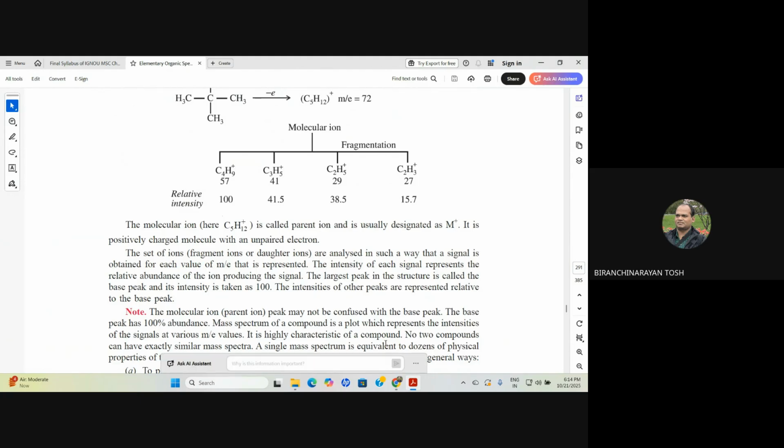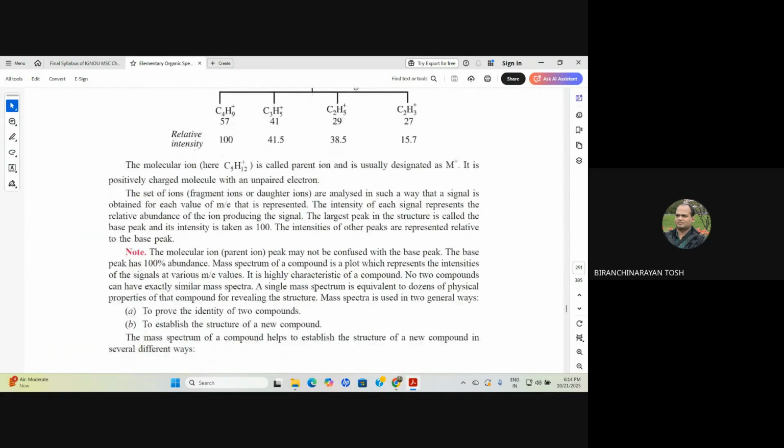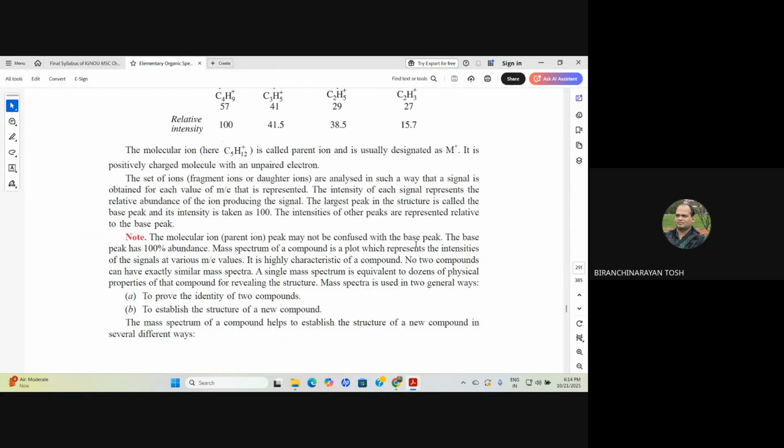A single mass spectrum is equivalent to a dozen physical properties. So therefore, each molecule in organic chemistry will have its own identical mass spectrum. So we can use the mass spectra to prove the identity of two compounds or to establish the structure of a new compound.